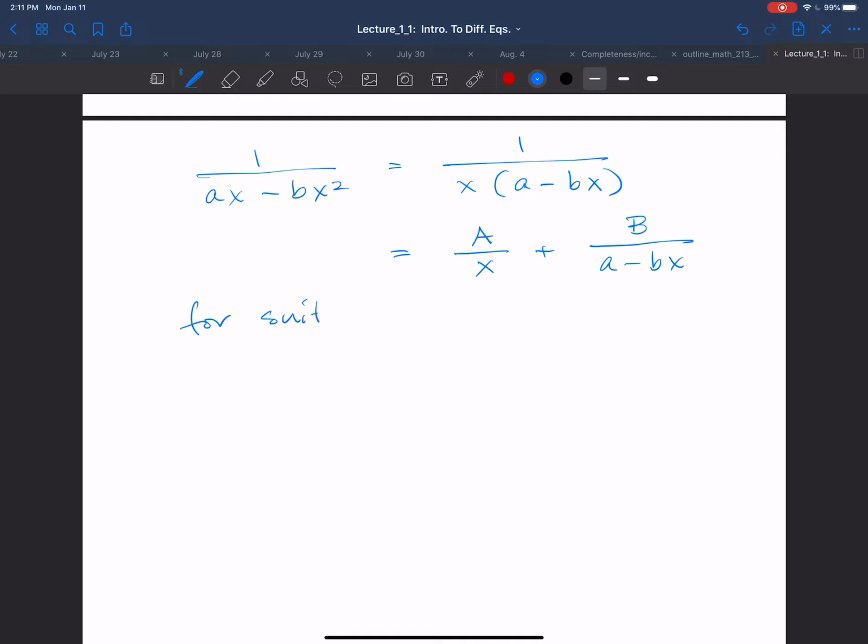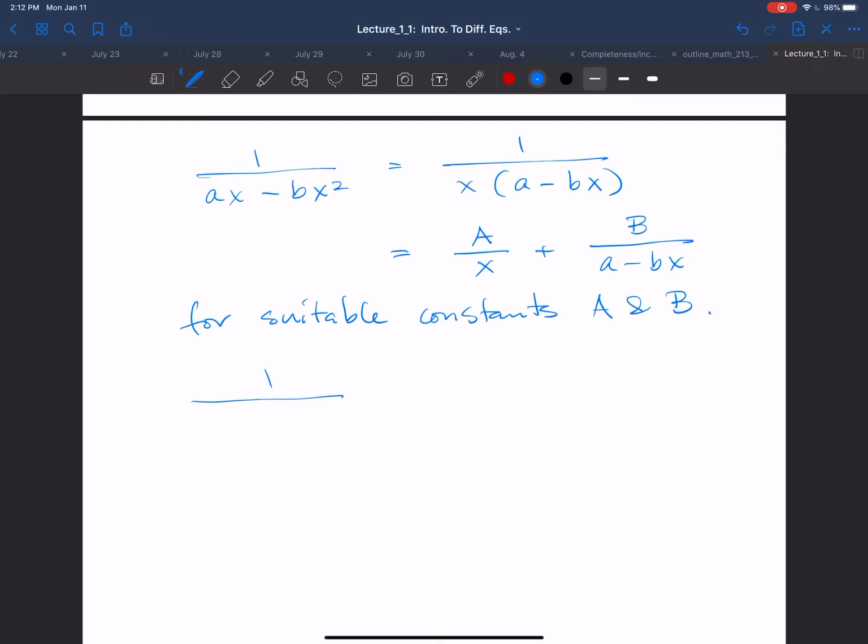We just have to find the values of these constants A and B. Okay. How do we find these values? Well, an easy way to do it is the so-called Heaviside cover-up method.